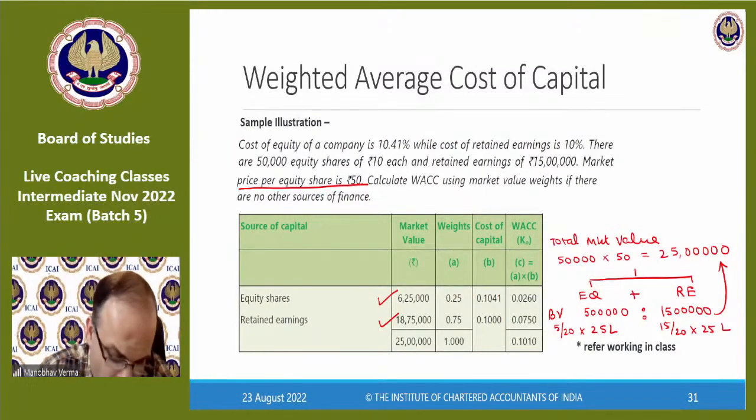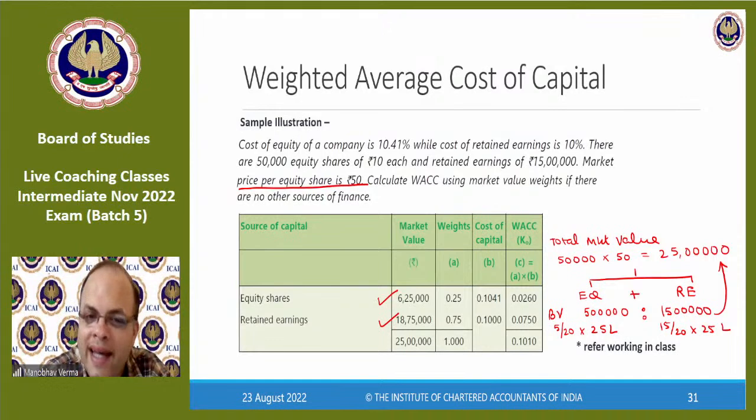Although a smart student would agree with me that if we are doing this, eventually the weights between the equity and retained earnings will actually be the book value proportion only, because even if we come out to be 6,25,000 and 18,75,000, it is a 25 and 75 ratio, 5:15 or 1:3. At the end of the day, we are talking about 1:3.